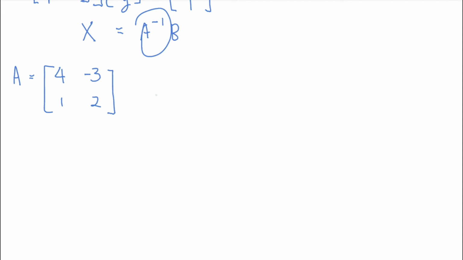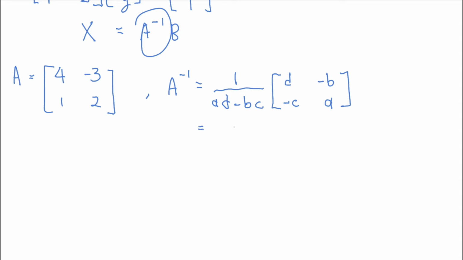By using the adjoint method, A inverse will be 1 over AD minus BC times D, negative B, negative C and A. So for this specific matrix, A inverse will be 1 over 4 times 2 minus negative 3 times 1, and then multiplied with 2, 3, negative 1 and 4. Do you understand?